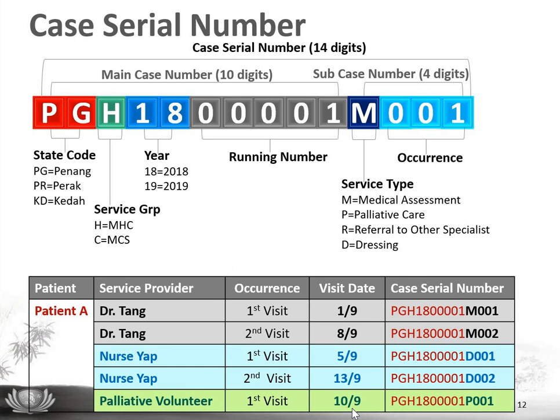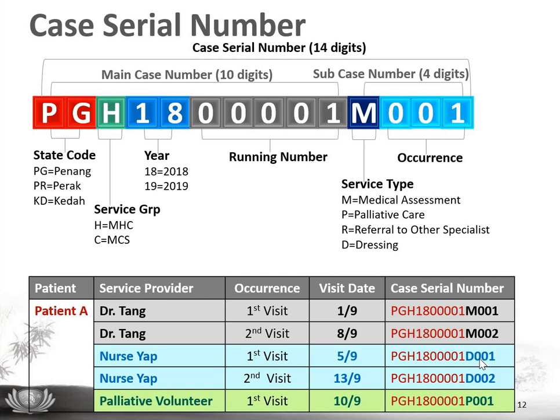Dr. Tang has requested dressing service, and admin has arranged Nurse Yap to visit the patient on September 5th. You will notice that the sub-case number is now reflected as D001, representing that the dressing service was requested after the first assessment by Dr. Tang.